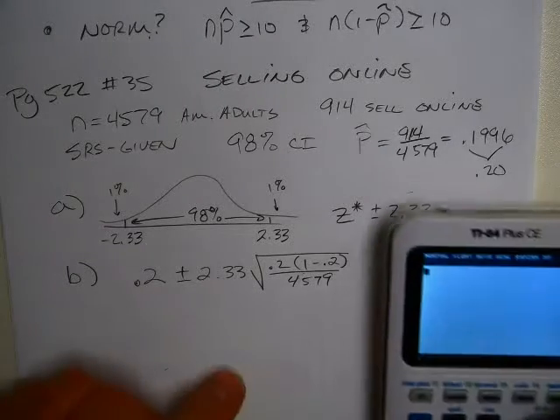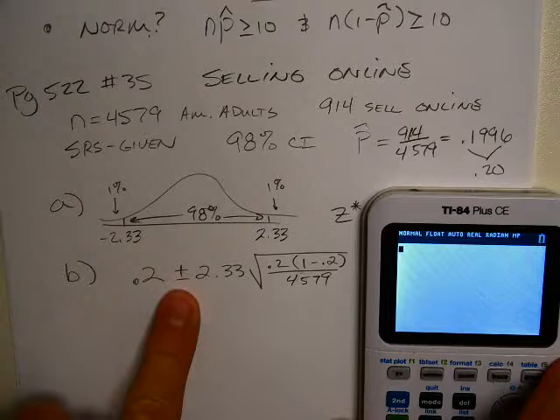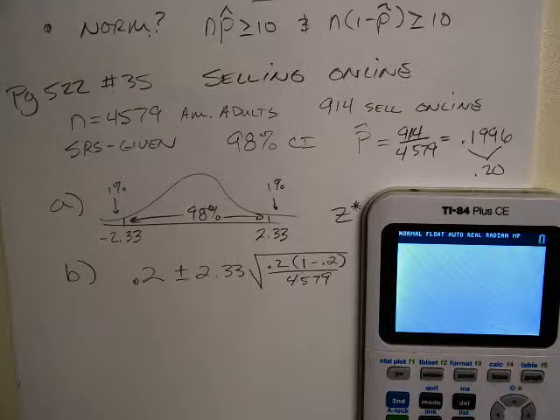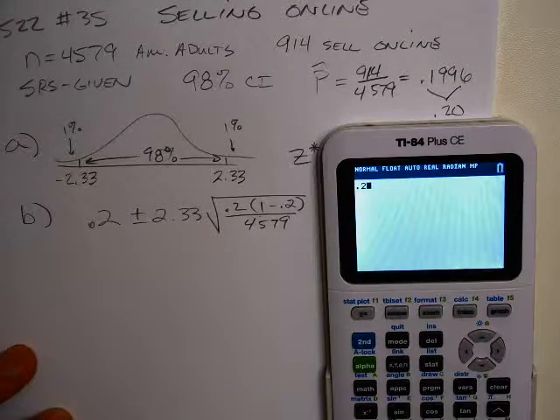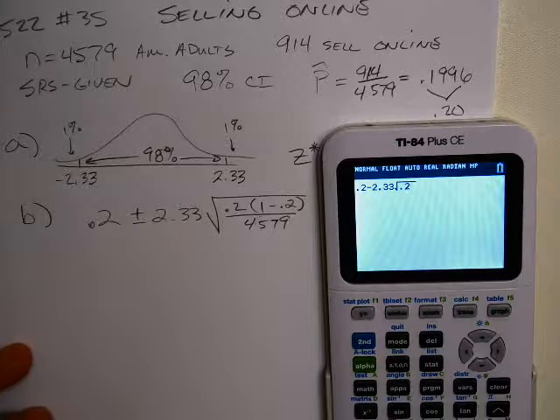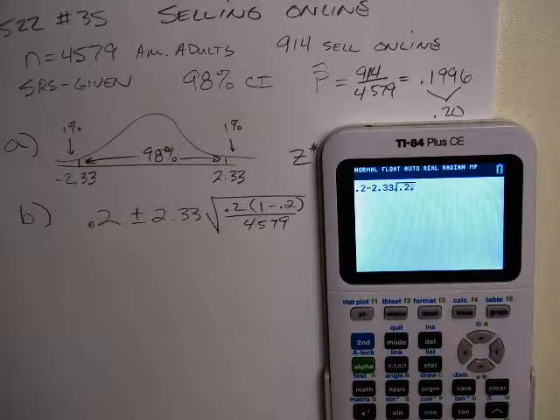So these are fairly easy to calculate on the calculator. Here's what I do. I always do the minus first, because when you're answering a question, you usually give the smaller value first and then the larger value. So I'm going to go 0.2 minus 2.33, and then square root of 0.2 times 1 minus 0.2, that's going to be 0.8, times 0.8, divided by 4579.